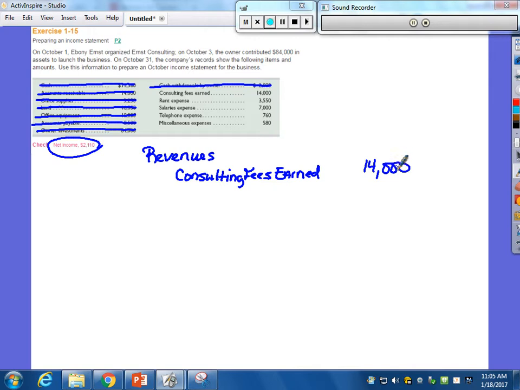And next we need to list our expenses. First expense is rent expense, for $3,540. $550.